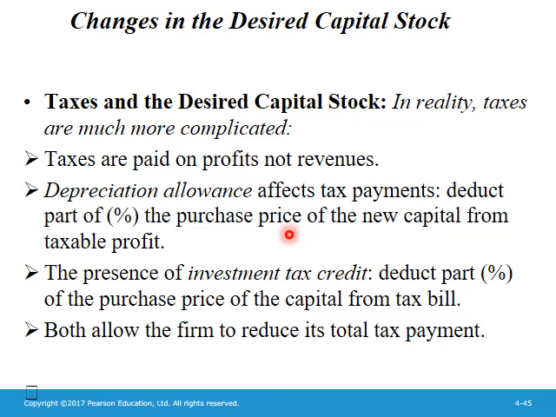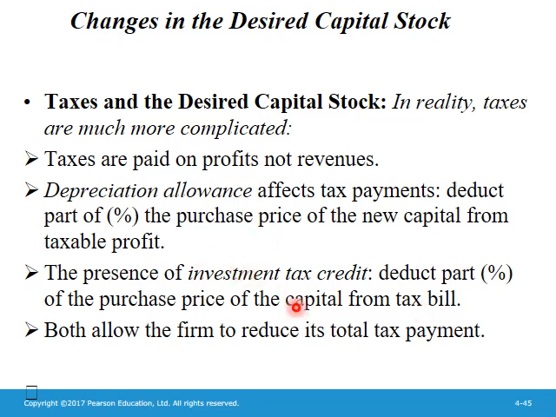Let's say يعني مثلا capital good دي costs 1000 pounds. I deduct like 10% of the price, okay, which is 100، في حالة ال depreciation allowance من taxable profit, okay. وفي حالة ال investment tax credit I deduct from the total tax bill, okay.